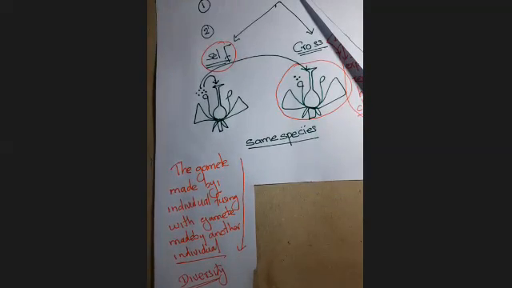So, gamete made by one individual fusing with gamete made by another individual. Clear? Sir, individual means the flower, right? No. Person. That means organism. One plant.